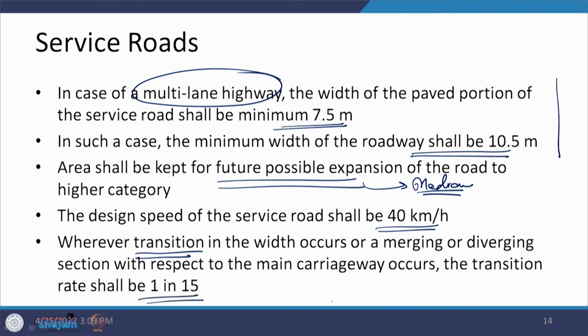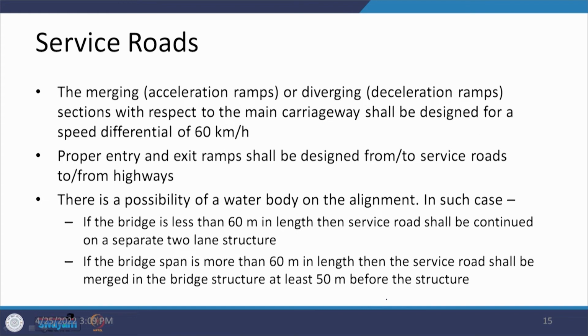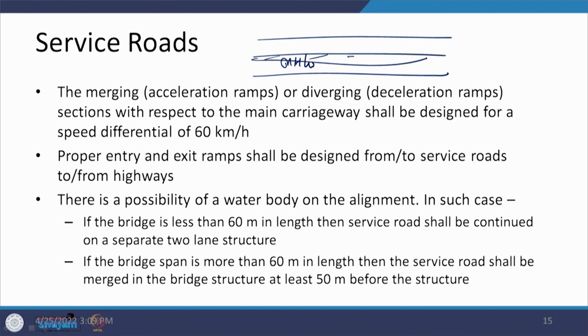It says that if there is a transition and the widths are going to be different, then this rate can be utilized. Now, another thing is that when we say that I have a main highway which is a divided system, the traffic is moving in either of these directions and this speed is going to be 80 to 100 kilometers per hour.